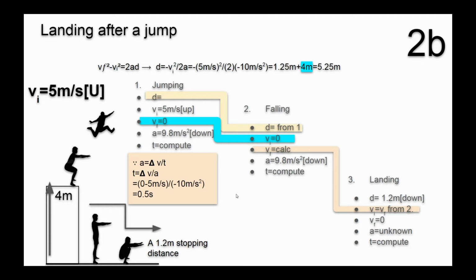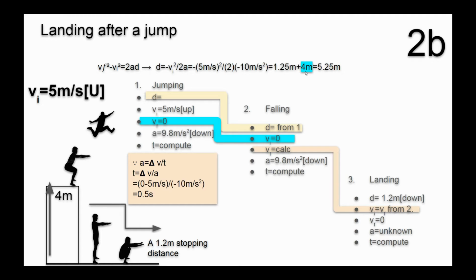We put it into the time-independent equation. That way we avoid using a calculated value, and we get that they will travel only 1.25 meters up in that 1/2 a second. So it's much less than his body length. He's only jumped up 1.25 meters, so he's barely cleared his own shoulders.